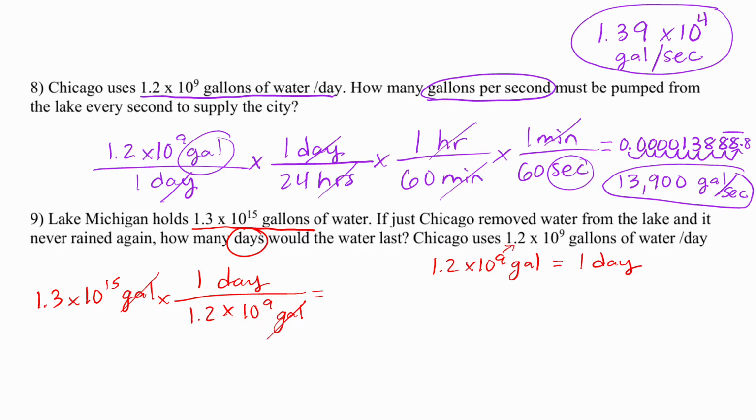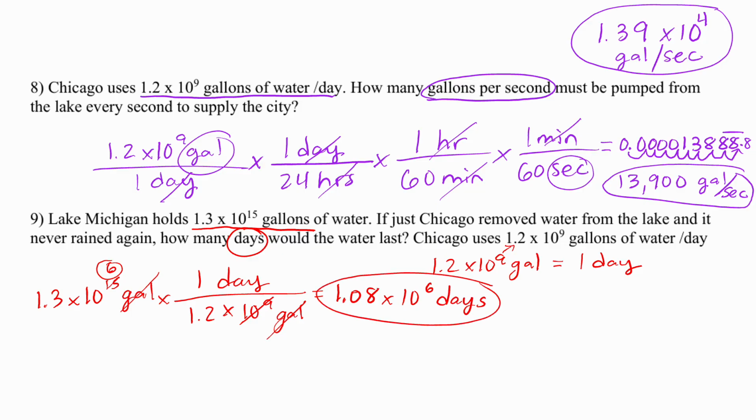So 15 minus 9 is going to have 6 left over. So then we can do 1.3 divided by 1.2. That's going to give us 1.08. And again, we have 6 left over. So times 10 to the 6th days.